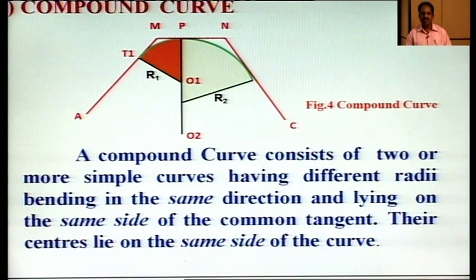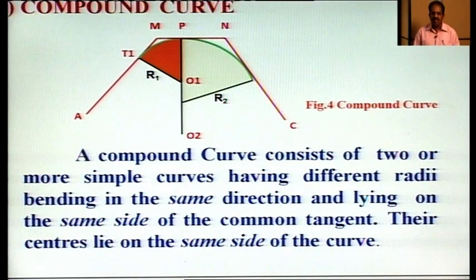That is, these two curves bend in the same direction and have different magnitudes of radius, and these curves or radii lie on the same side of the common tangent.